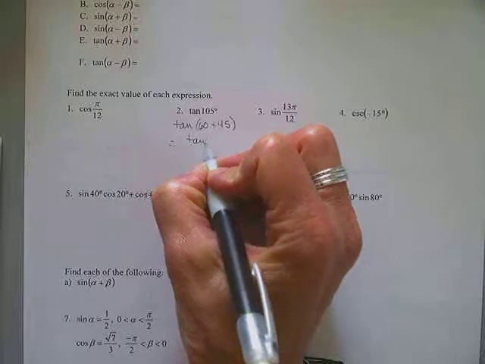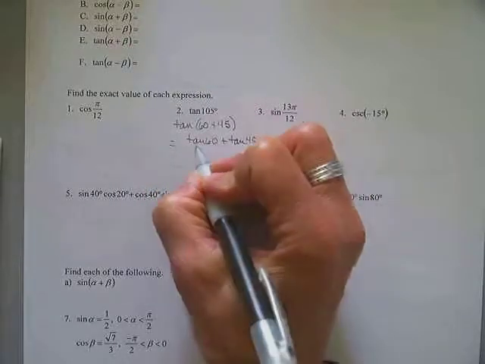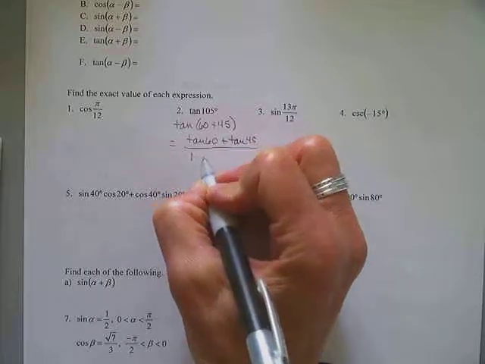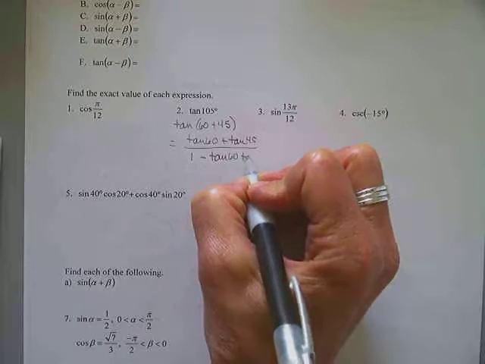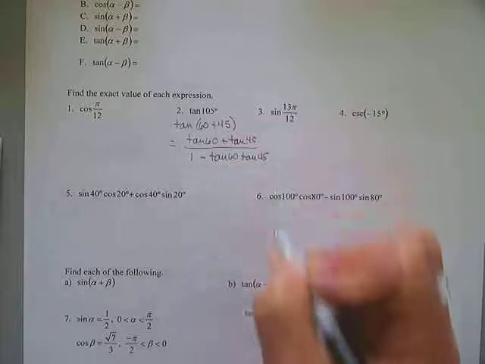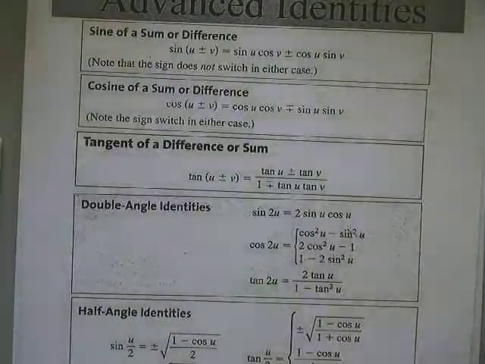Okay, now if I look on my identity sheet, what is tangent of A plus B? That would be tan of 60 plus tan of 45 over 1 minus tan of 60 times tan of 45.